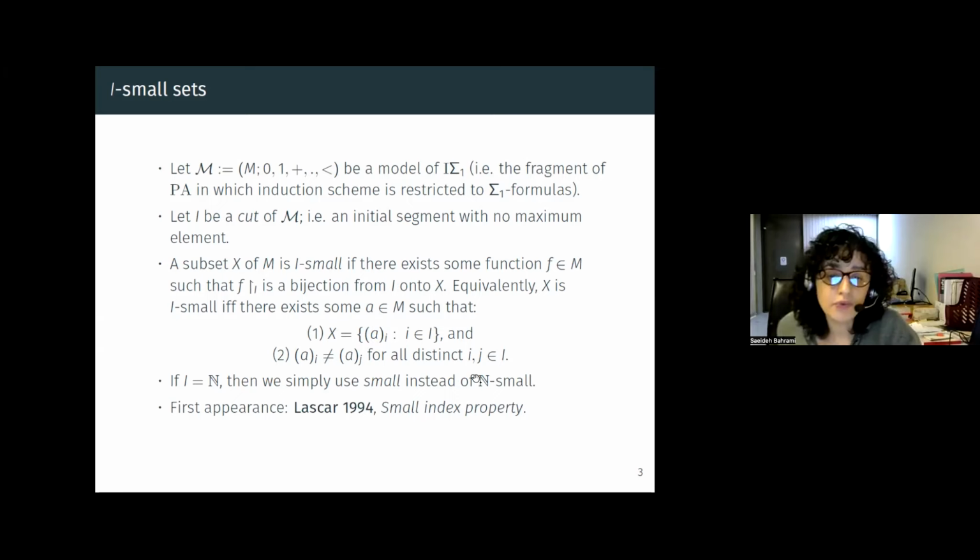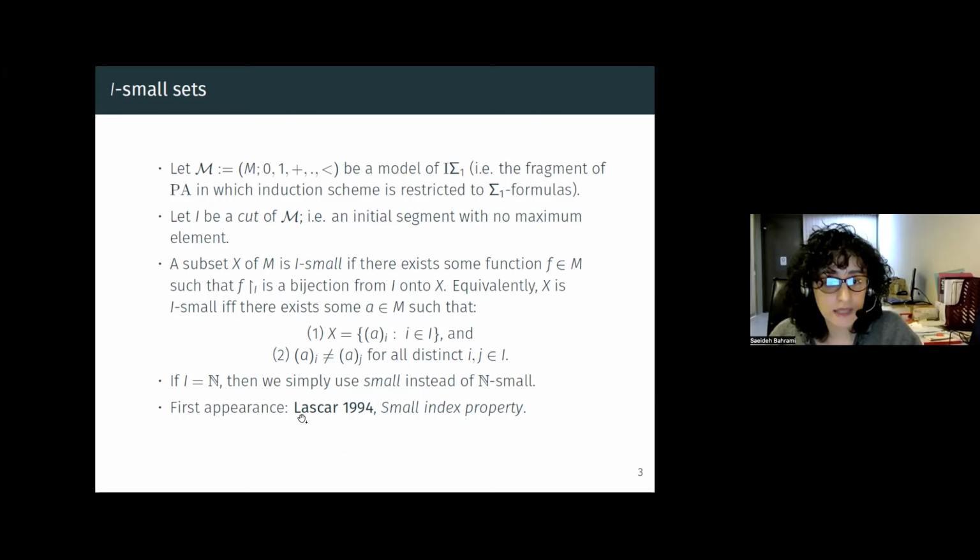The first appearance of small submodels was in a paper by Lascar in 1994. In that paper, he wanted to investigate whether the automorphism group of a countable recursively saturated model of PA has the small index property or not.